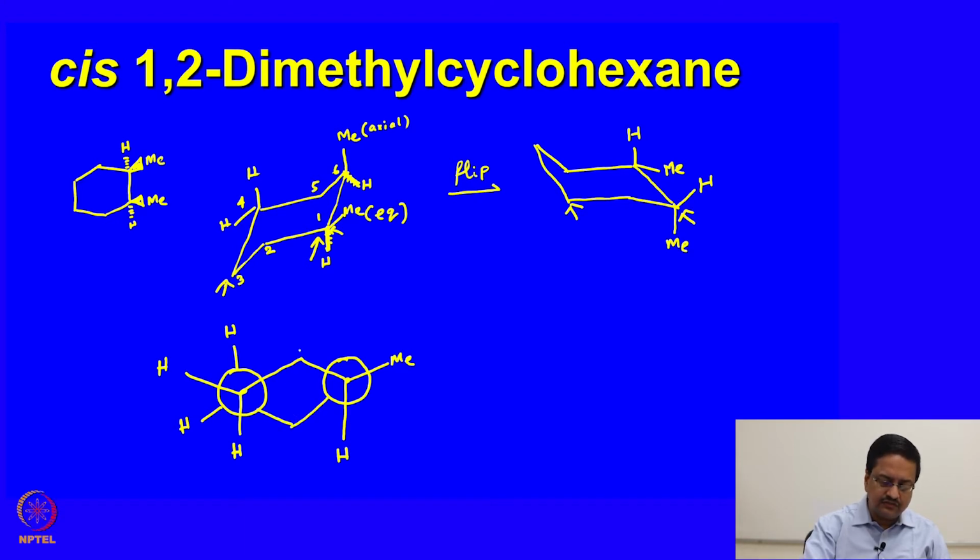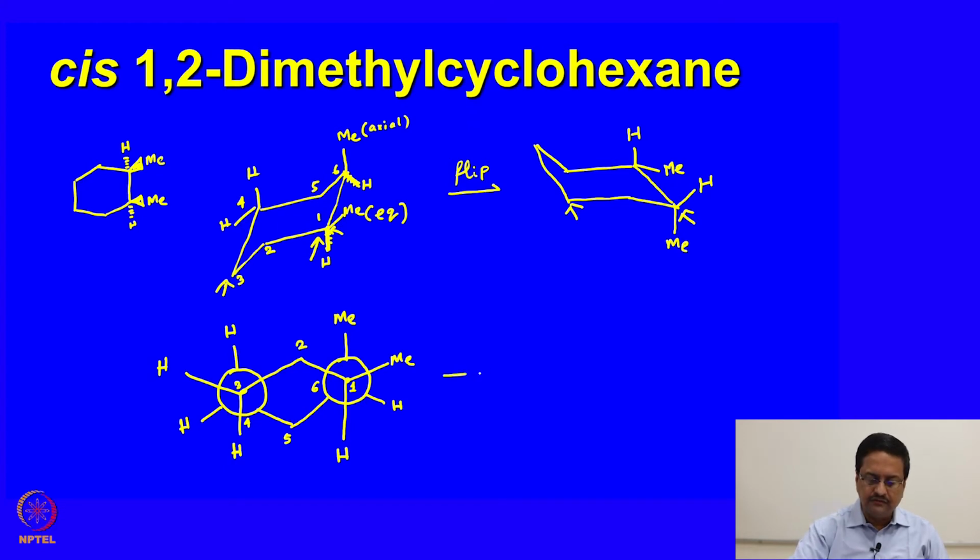So this is your carbon number 2, 3, 4, 5, and the back carbon is 6 with this as 1. Then you have a methyl group which is present there, and the hydrogen which is present here.